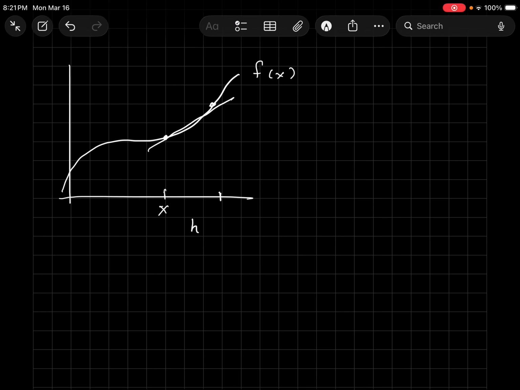Well, let's talk about the distance between the points as being h. So very often in calculus, when you see h, think delta x. So if this point is x, and the distance between this point and this one is h, then that point must be x plus h.